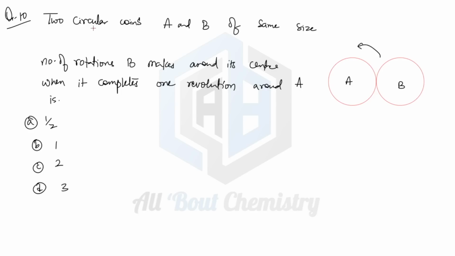It says there are two circular coins A and B of the same size. What is the number of rotations that B makes around its center when it completes one revolution around A? Basically you are fixing the center of A and moving B around it. When it moves, it rotates on its own center also, doing a circular motion around A. They are asking how many rotations B will do.